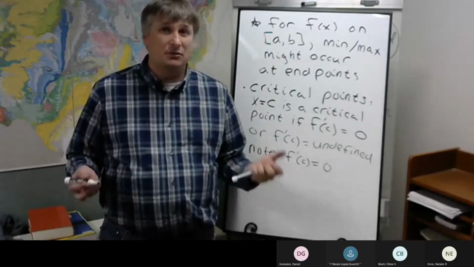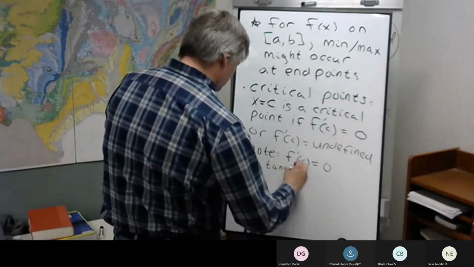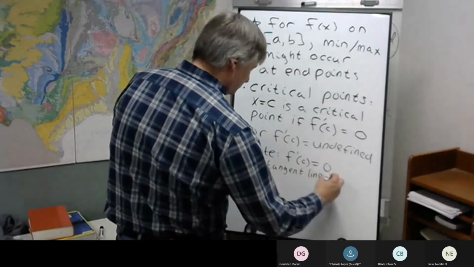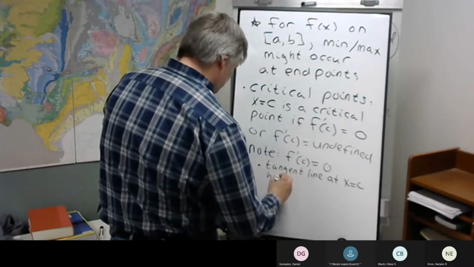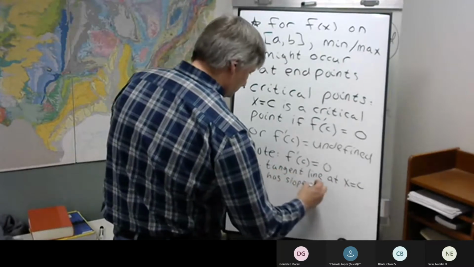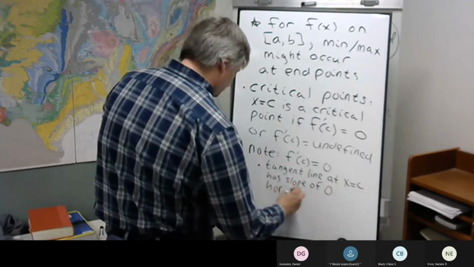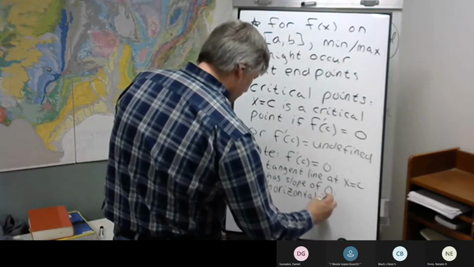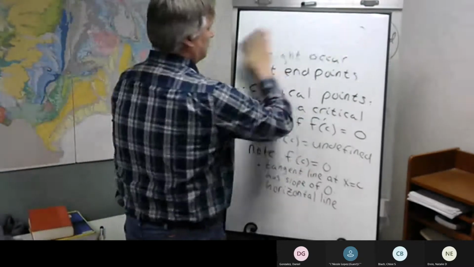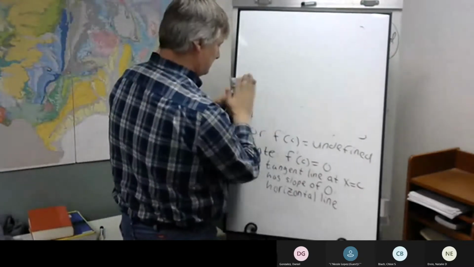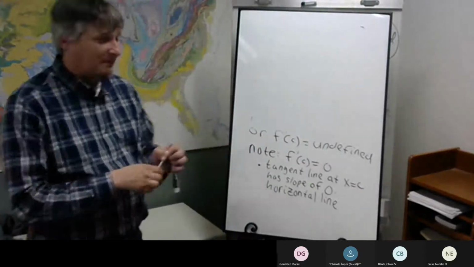That means the tangent line is horizontal. I'm going too fast with the erasing, let me know.